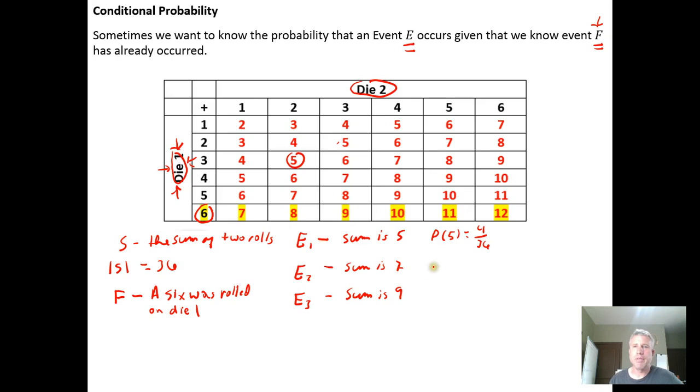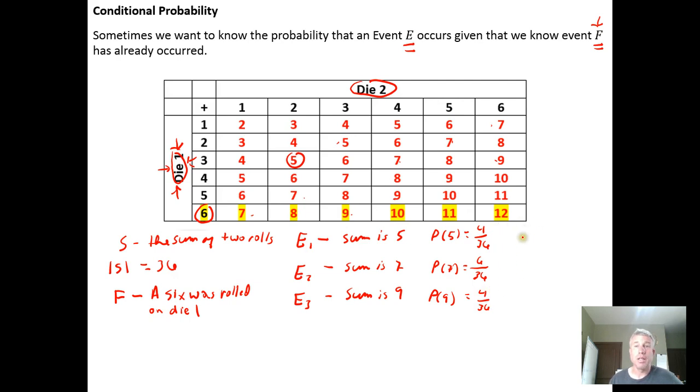Usually the probability of getting a 7 is going to be, we get 1, 2, 3, 4, 5, 6 ways to get a 7 when we add 2 dice. And that's going to be out of the 36. And usually the probability that we get a 9 for our sum is going to be 1, 2, 3, 4, a 4 in 36 chance.